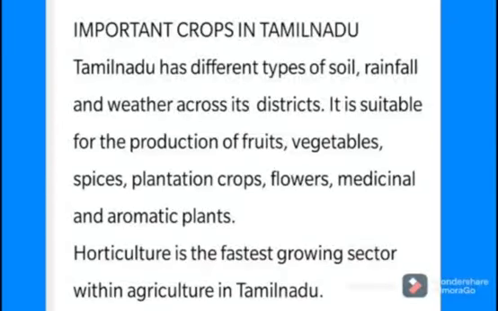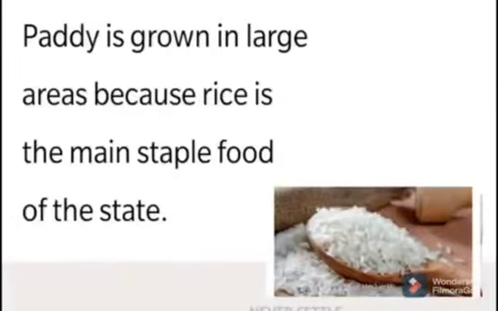Horticulture means the art or practice of garden cultivation and management. Paddy is grown in large areas because rice is the main staple food of the state. Staple food means the dominant part of a population's diet, eaten regularly and even daily.